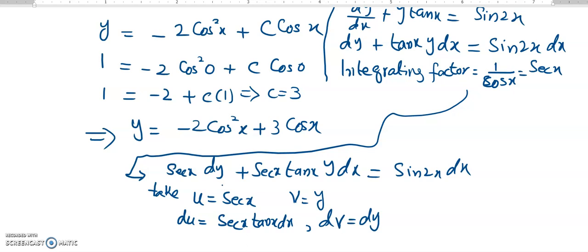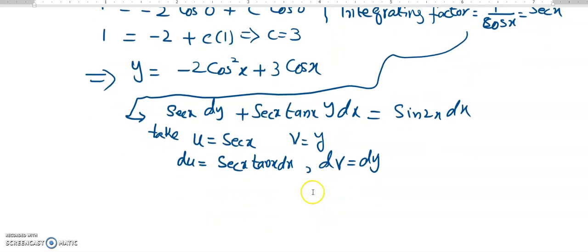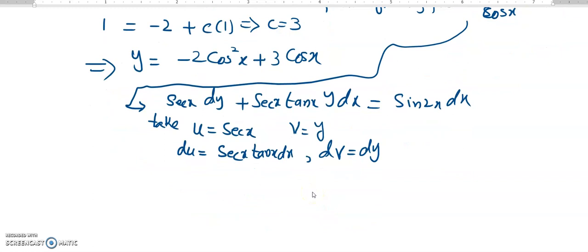Okay, so now we will input these values into this equation. So secant x is u, dy is equal to dv, secant x tangent x dx is equal to du, and y is equal to v, and on the other side we keep sine 2x dx.